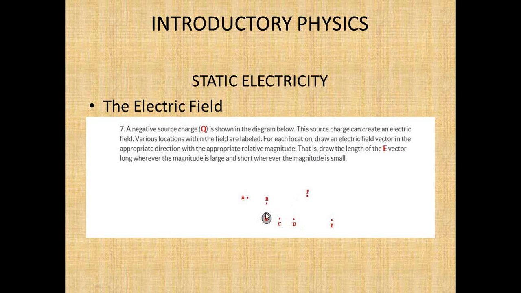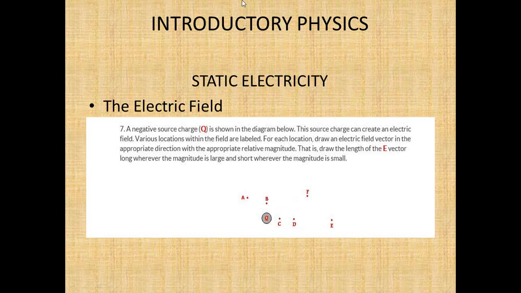If this charge is negative, the direction of the electric field line, remember, you always have a positive test charge. If this is negative, it's going to attract the positive test charge.